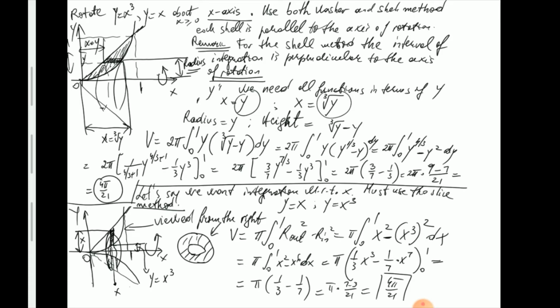That's why, in order to not get confused, remember how you make these slices and how you compute the volume by adding each slice, or shell in the case of the shell method. With the slice method, you move along the x-axis simply because the x-axis is the axis of rotation.